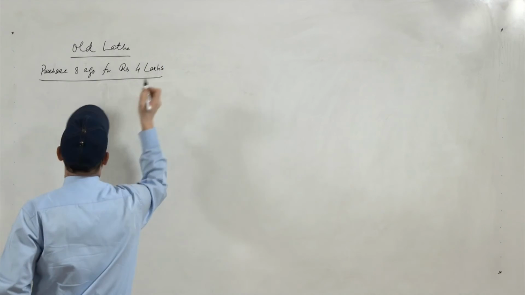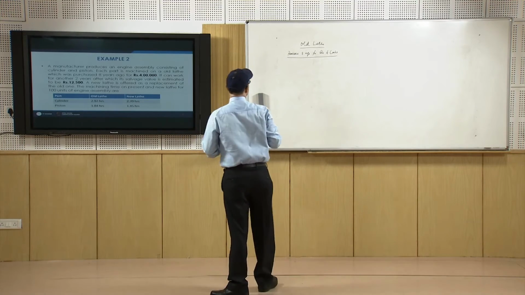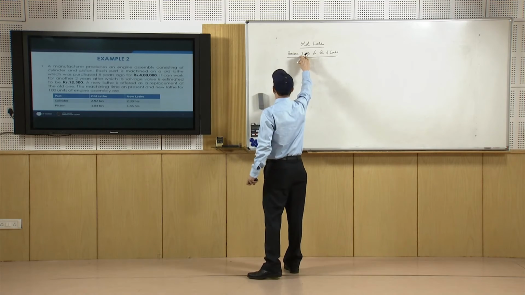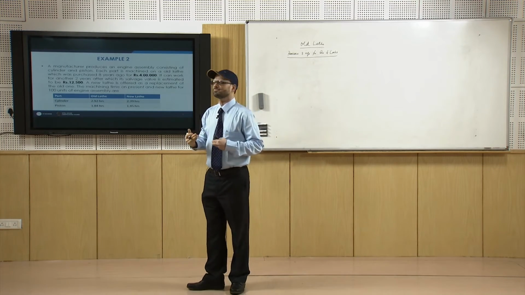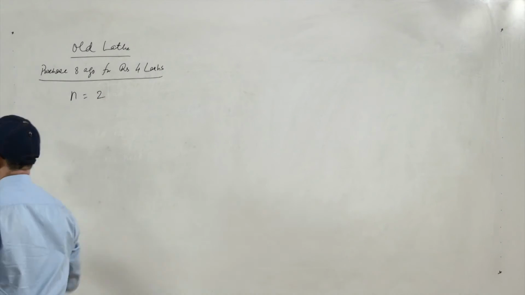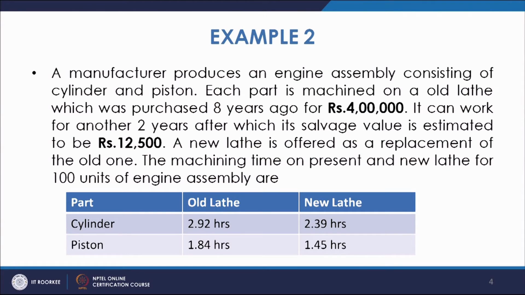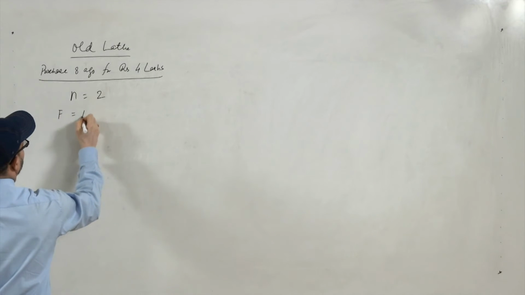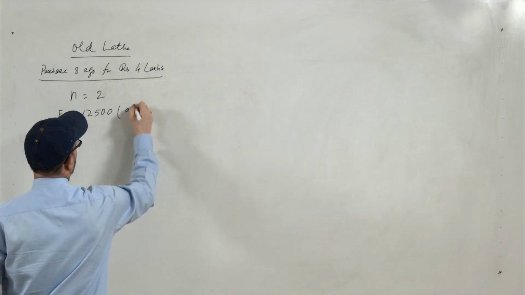So, basically it is a sunk cost, we do not have to discuss it, we only have to consider these 8 years because it will tell us what is the life left of this machine. It can work for another 2 years, it means it has a life of 2 years left, after which its salvage value is estimated as F equal to 12,500 rupees.